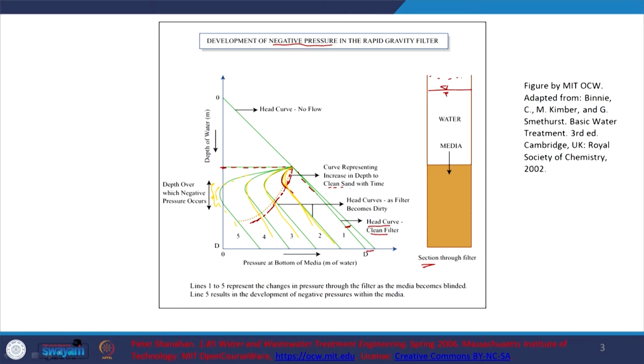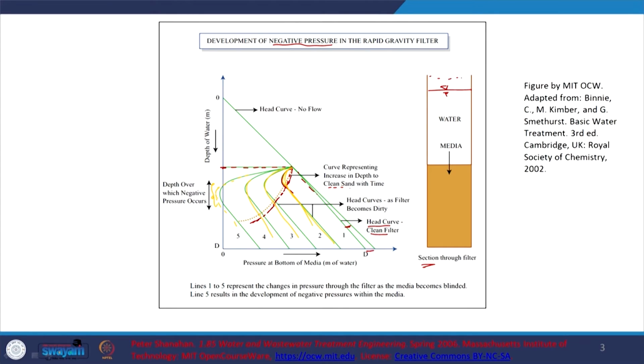So, that can lead to air bubbles and such, and obviously considerable deterioration in your plant operation efficiency. So, obviously you will have to see to it that this does not occur, or you backwash it before your head loss is so high, right.